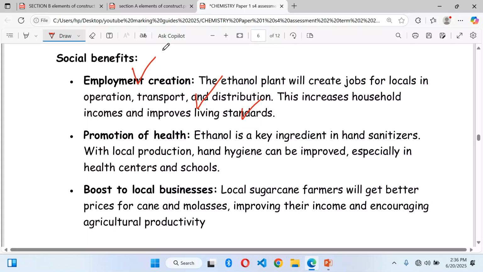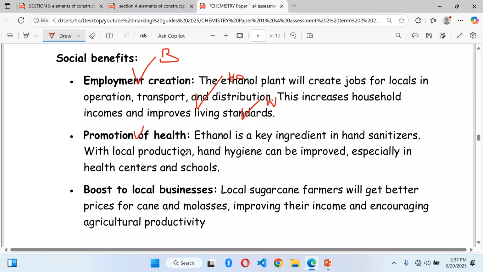So we start with the benefit, then you give the how, and then the why. So the 3 scores. Now another point is promotion of health. Now talk about how. Ethanol is a key ingredient in hand sanitizers.